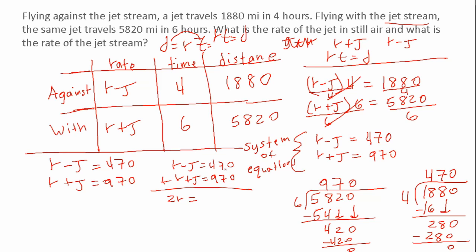And then we have 470 plus 970. 0 plus 0 is 0. 7 plus 7 is 14. Carry the 1. 9 plus 4 is 13, plus 1 is 14. So this gives us 2r equals 1440. We're solving for r, so we're going to divide both sides by 2, not r.